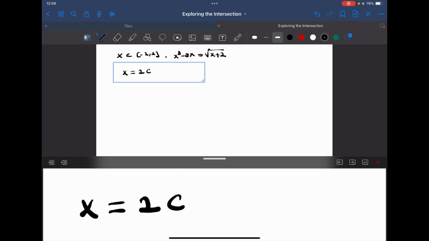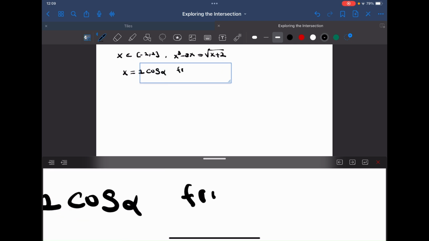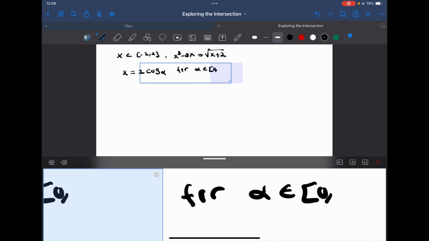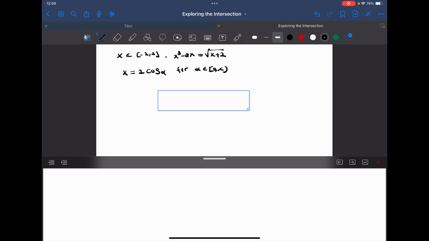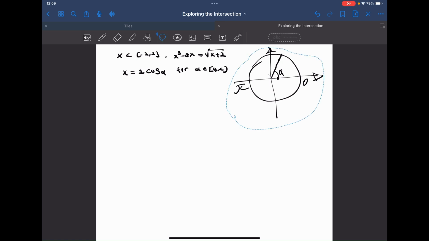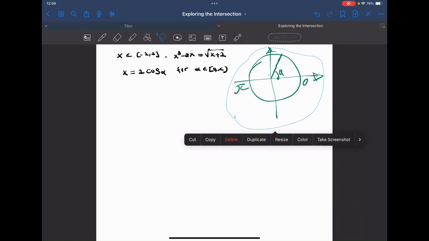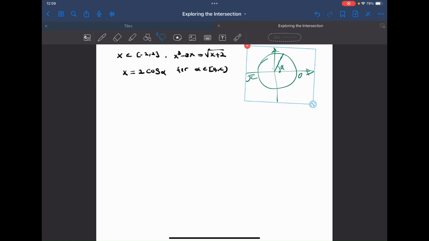I can write x equal to 2 cosine of alpha for alpha between 0 and pi. So if I try it here, x is like 2 cosine of alpha, this is alpha between 0 and pi, and this is a representation that we can consider for x.